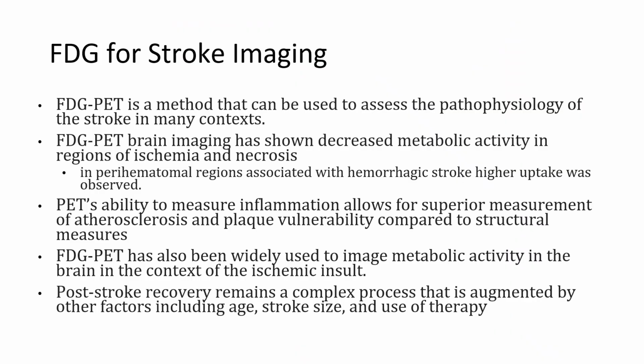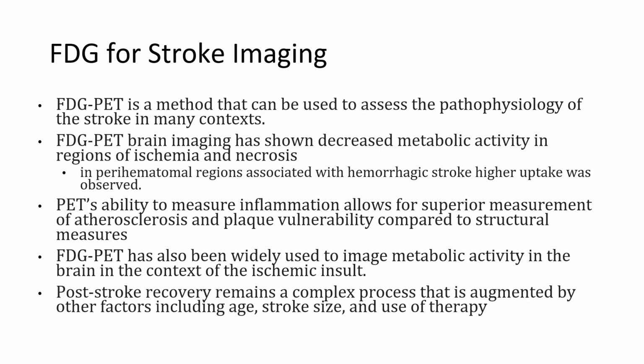So FDG can be used to assess the pathophysiology of a stroke, and it's used in many contexts. It's not good for an acute stroke, but it can be used for it. It's more often used at looking at regional blood flow, seeing if perfusion has been restored, and seeing any changes in metabolic activity.